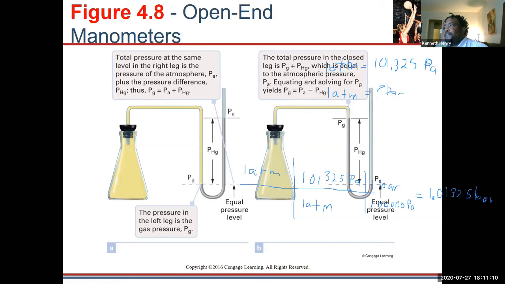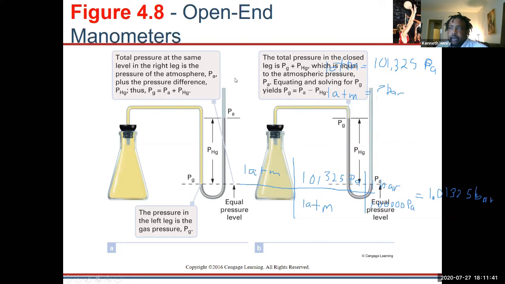If the pressure of the gas in the flask is less than atmospheric pressure, then the pressure from the outside is going to be pushing more, causing the mercury to go up in this direction. So that change is now subtracted from atmospheric pressure. Pg represents the pressure of the gas inside here.